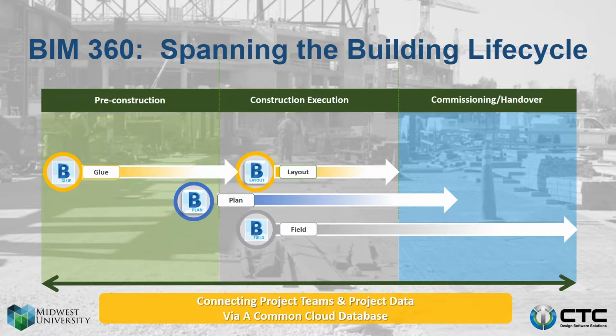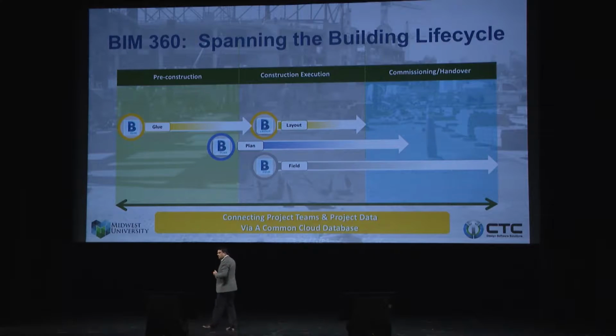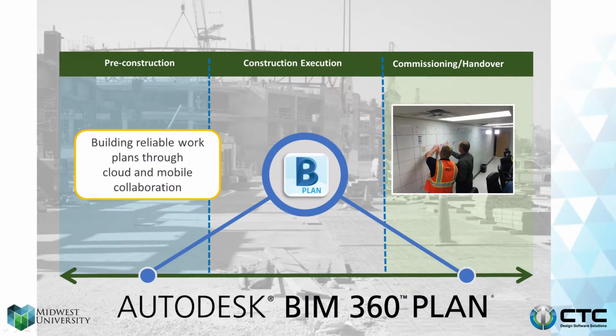Plan, BIM 360 Plan. Now, I don't know how many of you have used pull planning out in the projects, or know a little bit about Lean. BIM 360 Plan is a tool meant to support the Last Planner System.